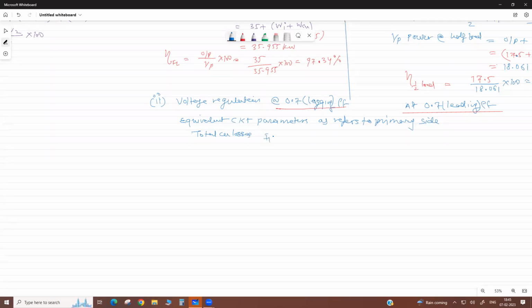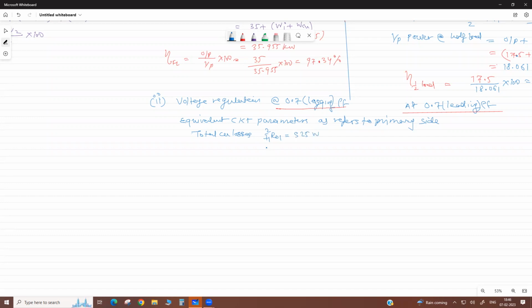That is I1 squared R01, total equivalent. How much is it? That gives you 525 watt.